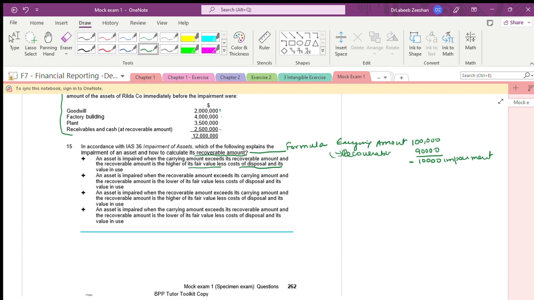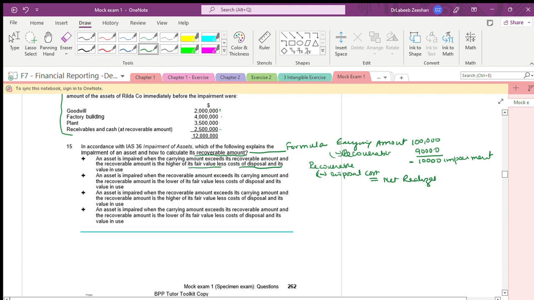Whenever we are talking in terms of recoverable amount, any disposal cost we have to deduct, and then we will get the net realizable value. This is the process of impairment.